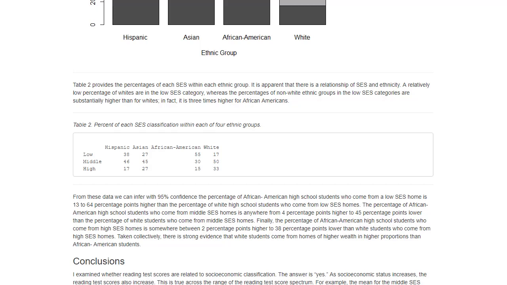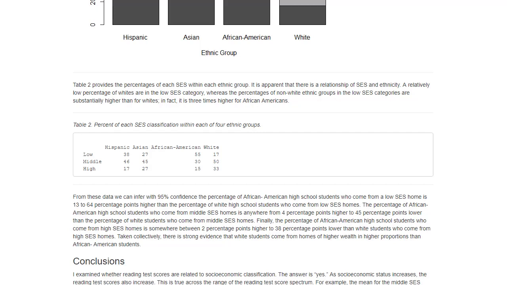When I compare high SES, the percentage of African American high school students who come from high SES, again, is between 2 percentage points higher to 38 percentage points lower. Again, that 95% confidence interval with the margin of error we have is too wide for us to be conclusive at the 95% confidence level.